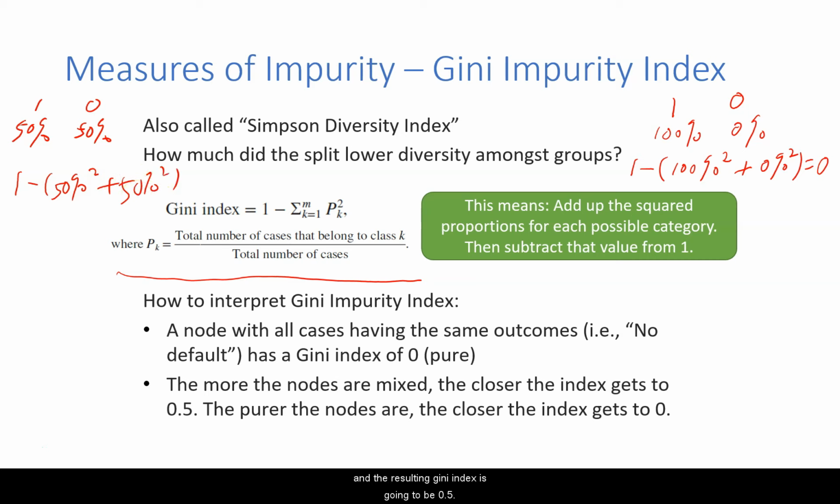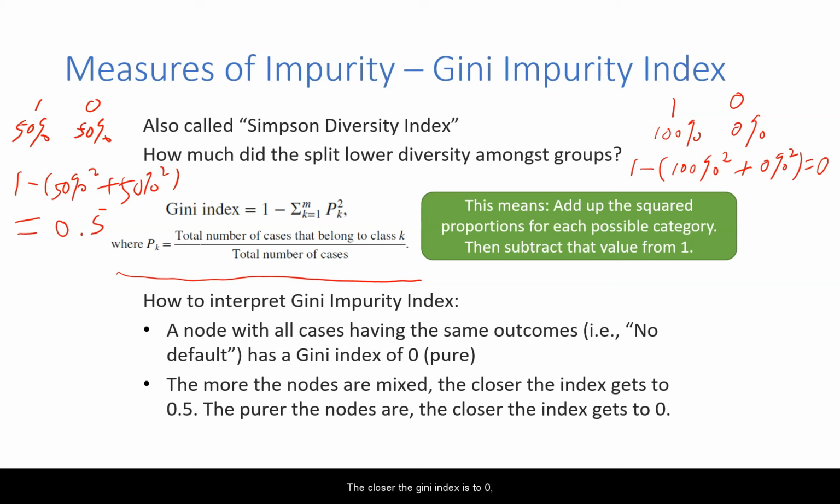And the resulting Gini index is going to be 0.5. So as you can see, for a binary outcome problem, the Gini index can range from 0 to 0.5, with 0 indicating a completely pure subset and 0.5 indicating a completely impure subset.